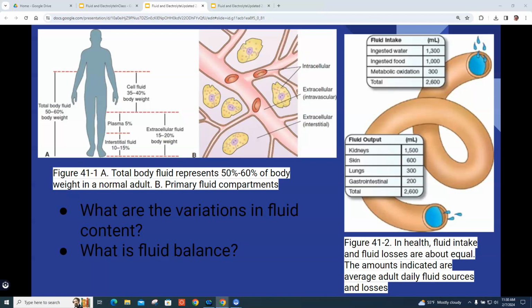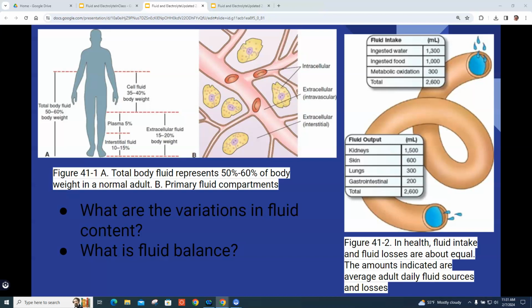You have to know that healthy humans have what's called sensible loss and insensible loss. Sensible means it is measurable, such as urine, feces, vomit, wound drainage, and blood, while insensible loss is not measurable, such as sweating and exhaling.